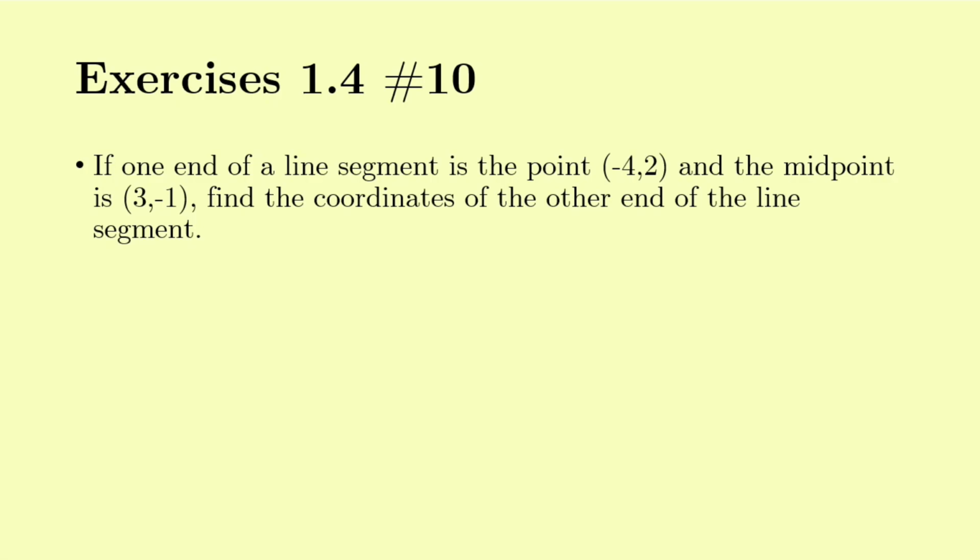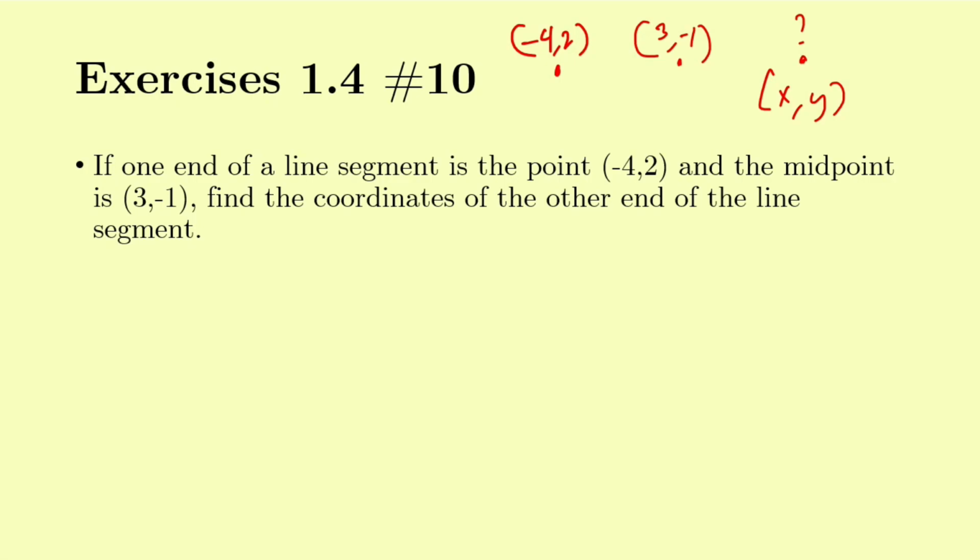If you're going to visualize it, (-4, 2) is the first, the midpoint is (3, -1), and this is the unknown. Let the coordinates of this unknown point be x and y, and we can use the midpoint formula in reverse.